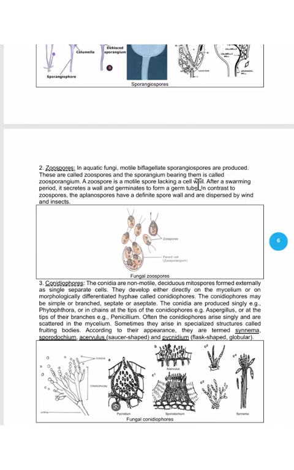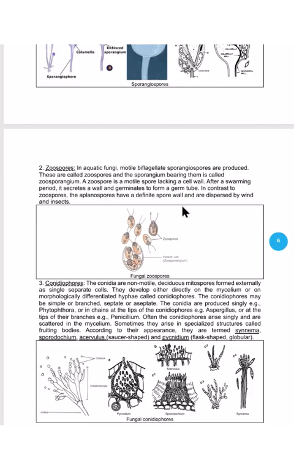These zoospores are motile, and because they are in a watery medium, they tend to move together. This process of moving together we call swarming.